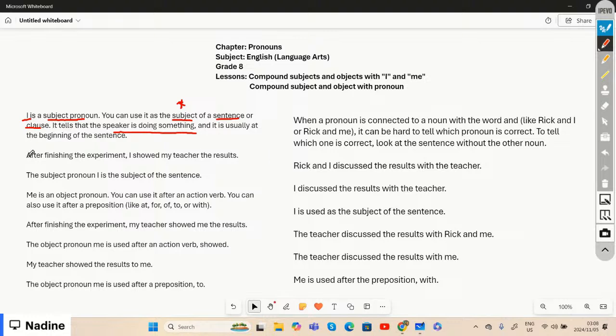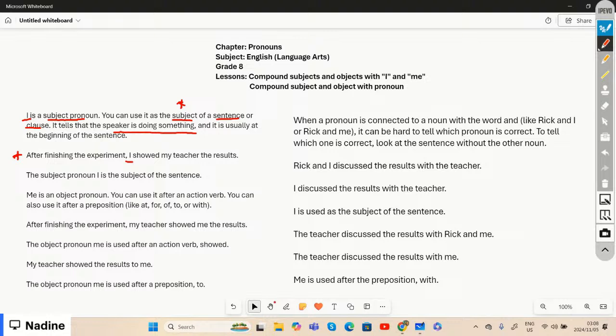And if we look at an example, it says, after finishing this experiment, I show my teacher the results.